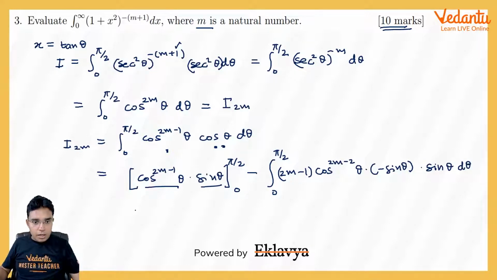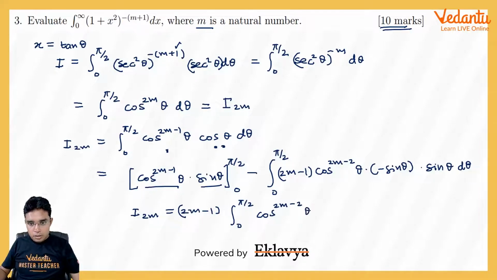So this I2m will actually be equal to 2m minus 1 common. This minus will become plus, and we will get the integral from 0 to pi by 2 of cos raised to the power 2m minus 2 theta into 1 minus cos square theta d theta.